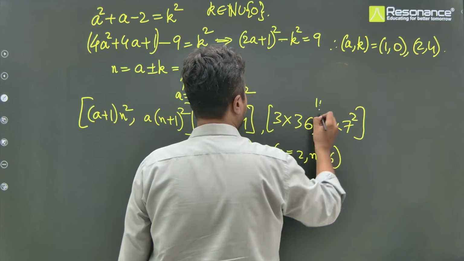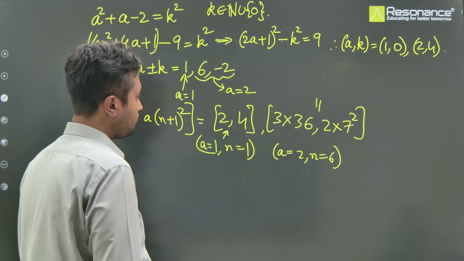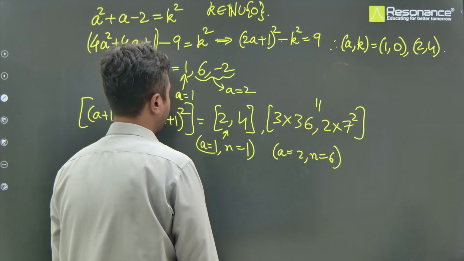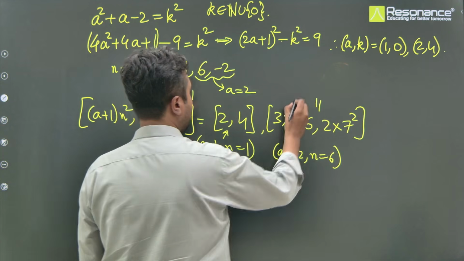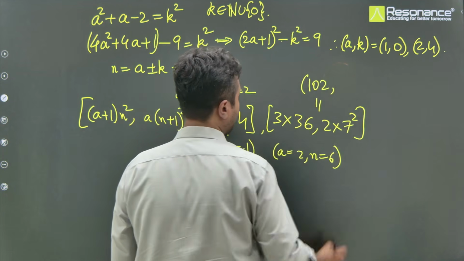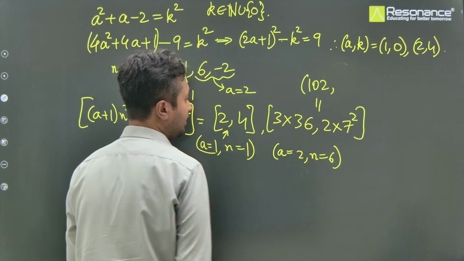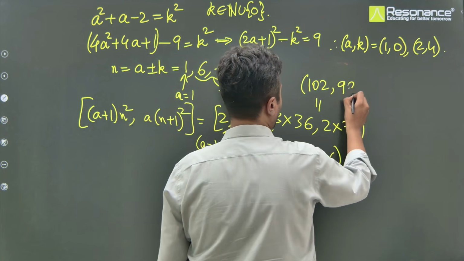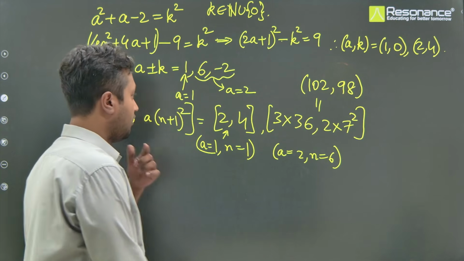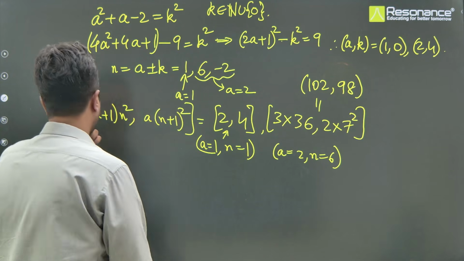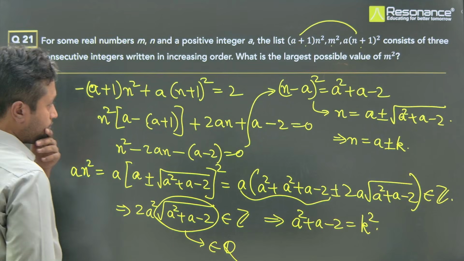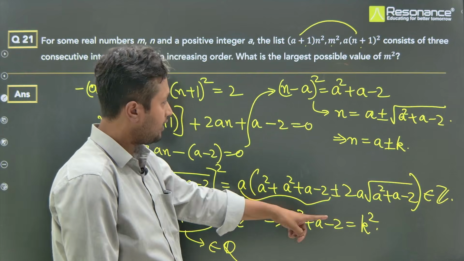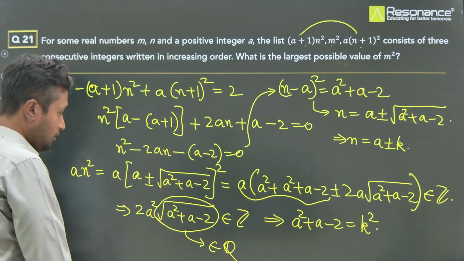Let's see what that thing is. 102, and this number over here is 2 into 49, and for some reason that's not working. Plus minus k. Okay, that looks right.